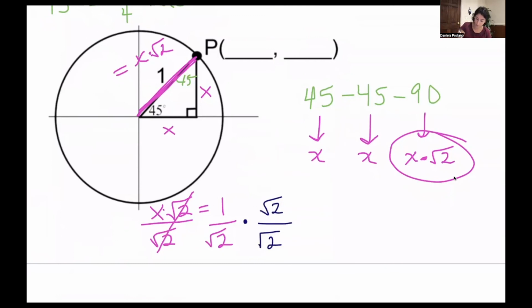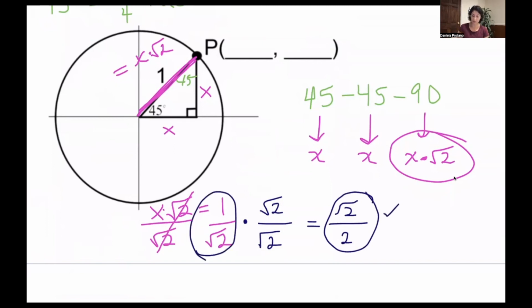Because now when we multiply, 1 times square root of 2 is square root of 2. And then square root of 2 times square root of 2 is square root of 4. Square root of 4 is 2. So that's where square root of 2 over 2 comes from. If you check on your calculator, it is the same number as 1 divided by square root of 2. It's exactly the same. You could fact check me.